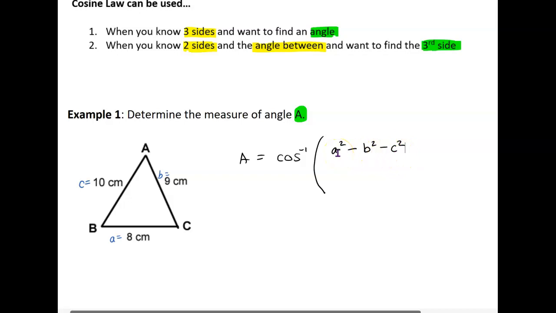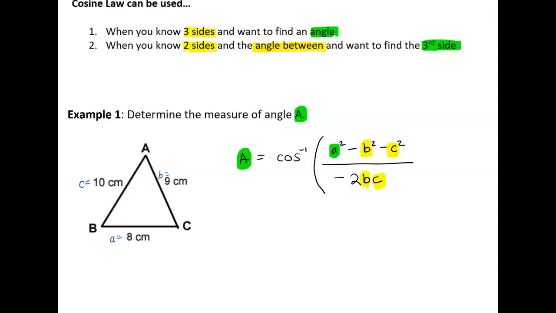What matters most is that the angle A and the side length A are the first things, okay? And then we're being divided by negative 2BC. So the letters here, B and C, are the ones that are repeated in the denominator as well. And then close bracket. Now that you have the right formula, you just plug in what you have, and then calculate what you need.